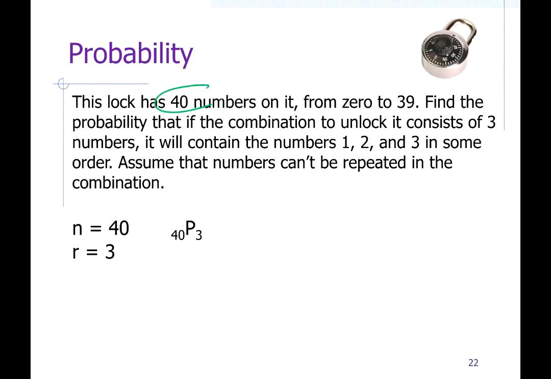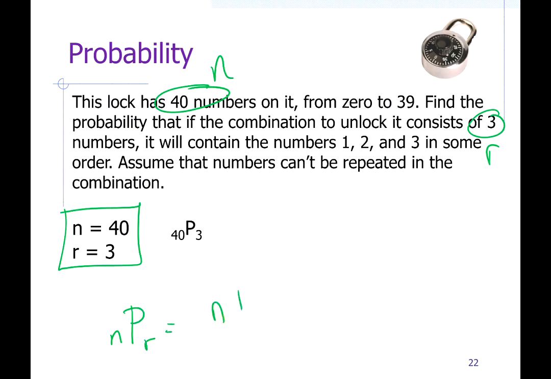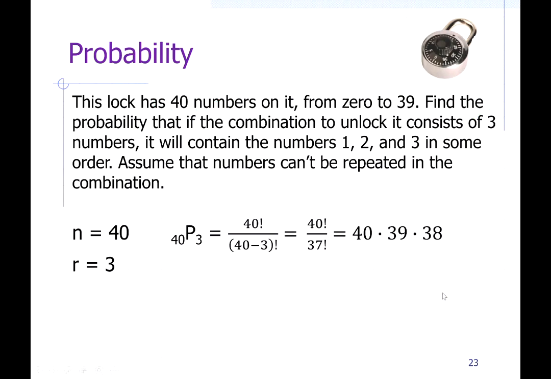Okay, so like I said, our N is 40, the R is 3, and we can apply the permutation formula, which is N permutation R equals N factorial divided by N minus R factorial. So N factorial is 40 factorial, N minus R, 40 minus 3 is 37.